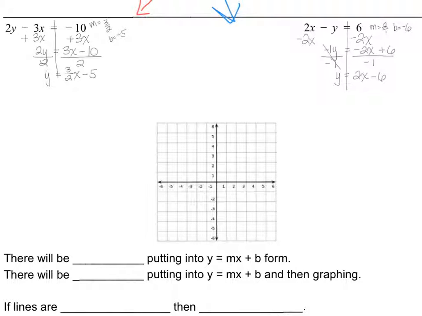I'm going to start with this over here on the left. B is -5. We're going up 3 over 2. Should look something like that.